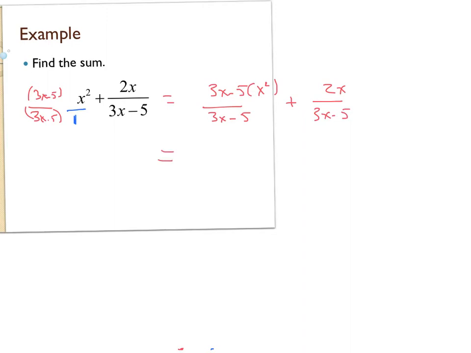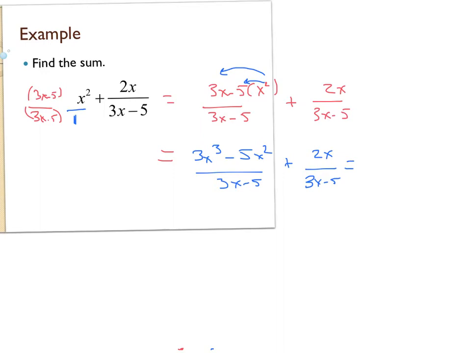I'm going to go ahead and simplify these. I'll change the color. I'm actually going to distribute this guy first and then combine. I just feel like it's going to be easier. So I have 3x cubed minus 5x squared all over 3x minus 5. I'm going to add that to 2x over 3x minus 5.